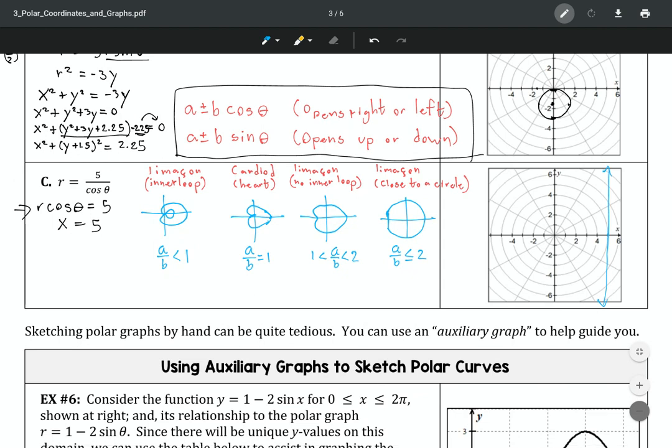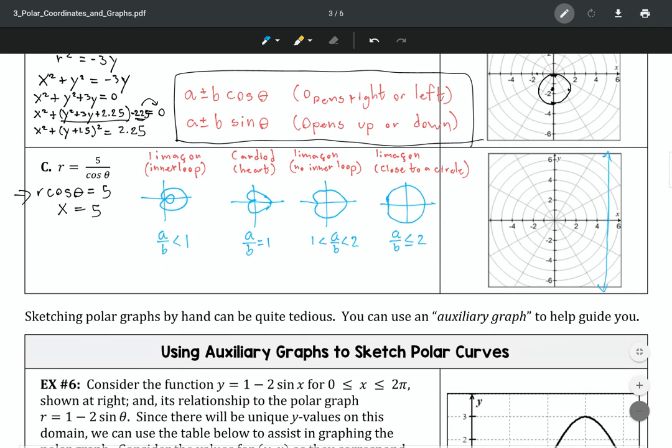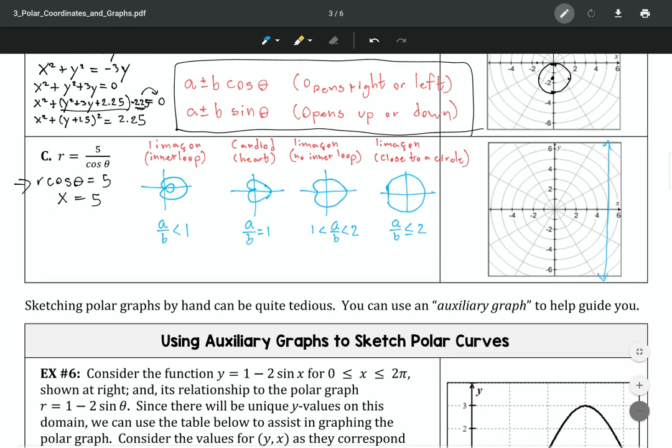By the way, that's pronounced limaçon. The c has a little tail on it, and you're going to have an inner loop. I'll show you how to graph this in just a second. Then you have the cardioid, which looks like a heart shape, when A over B equals 1.